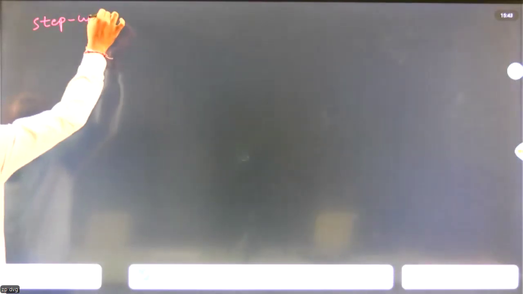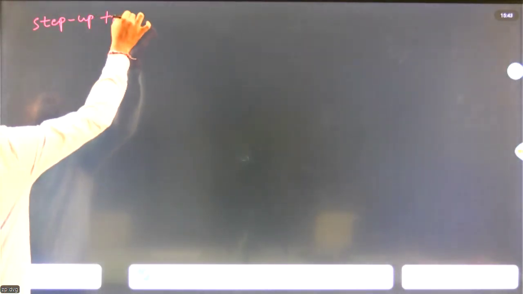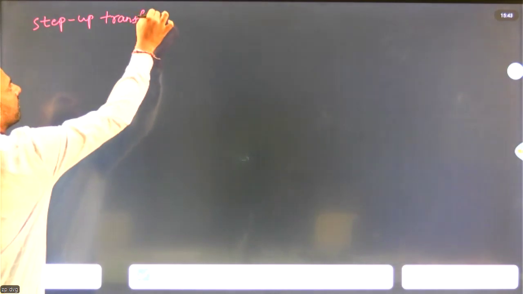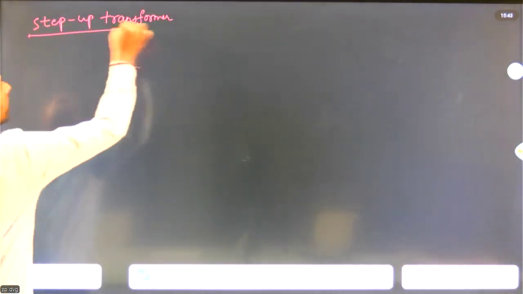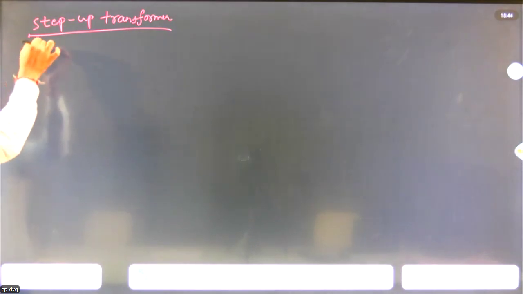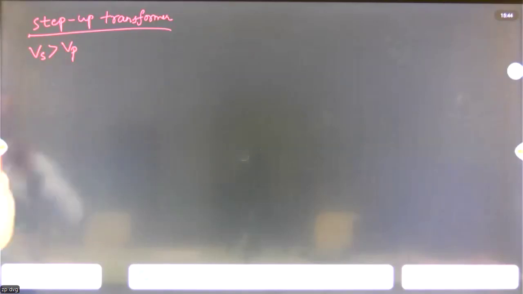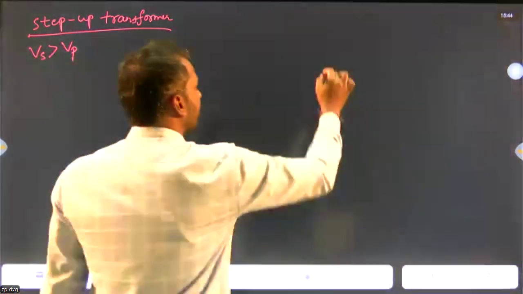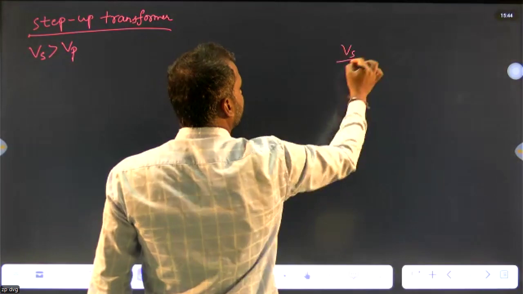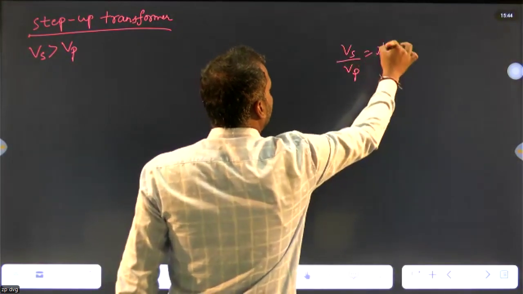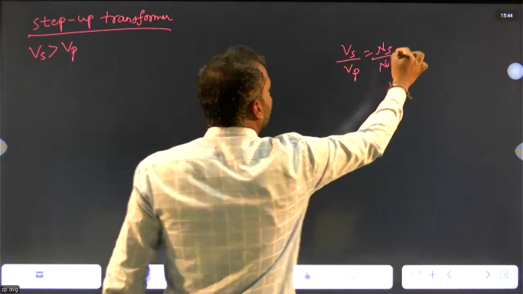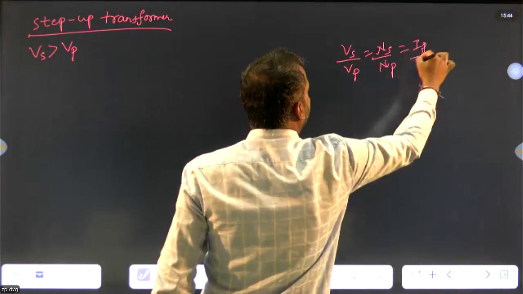Step-up transformer. Voltage across secondary coil is greater than primary coil. Now, what is current ratio? Vs by Vp is equal to Ns by Np is equal to Ip by Is.